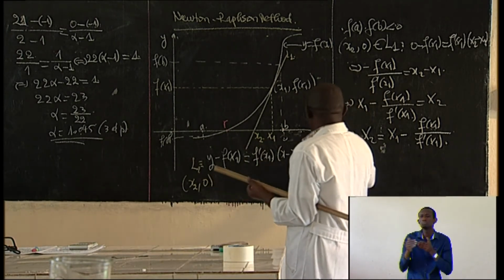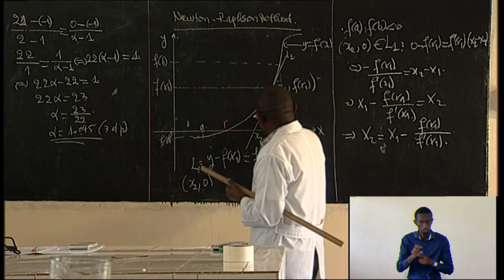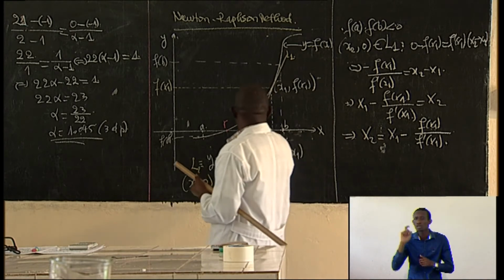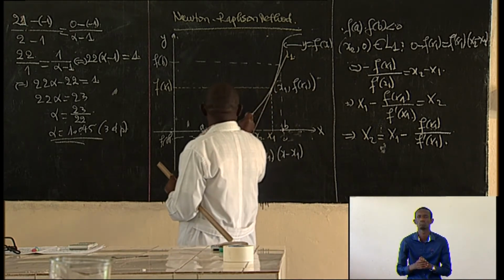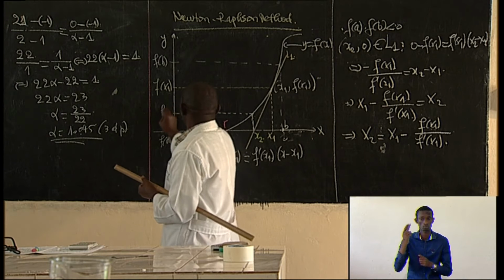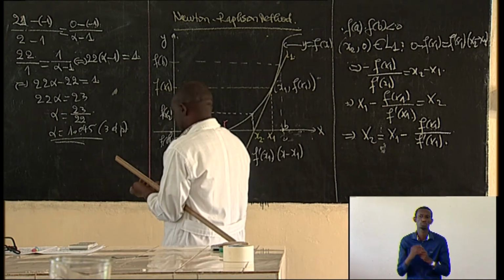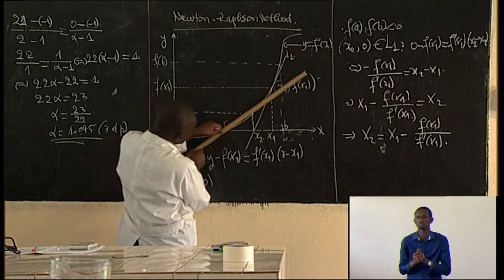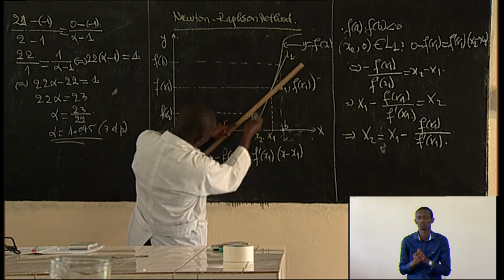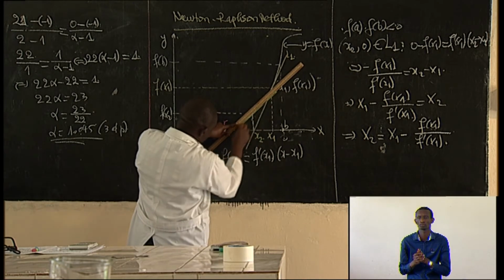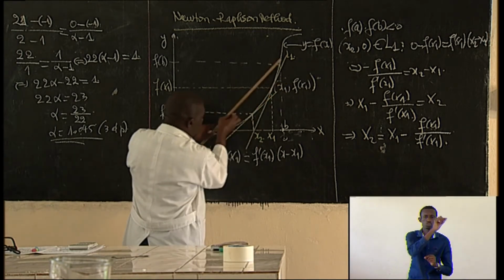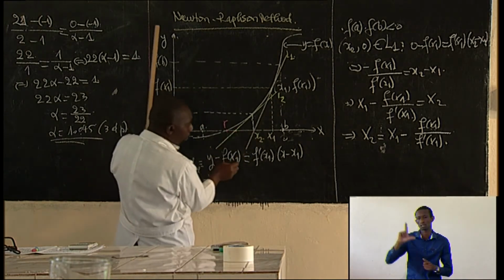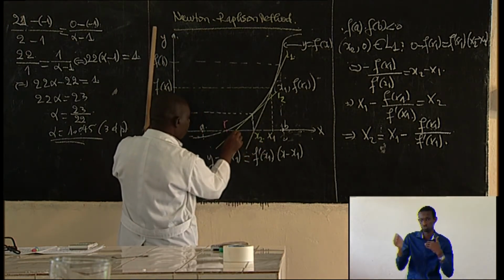Now, let me find another tangent at this point, x2, and of course, f of x2 is there. And the tangent, let me use this chalk. Let me call it L2, and it crosses the x-axis at x3.